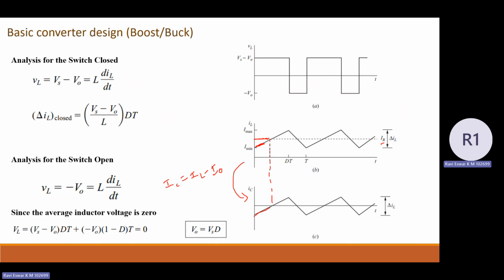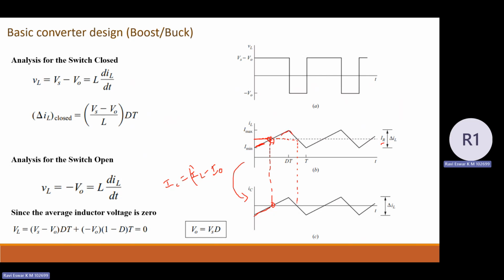Wherever the output current is equal to the inductor current, at this particular point, the capacitor current is 0. Again, in this particular duration, IL is greater than I naught. I naught is here, IR is here, so IL is greater than I naught.